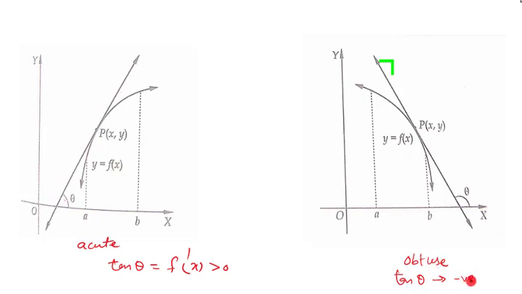Because theta is obtuse, meaning second quadrant, and in the second quadrant tan theta remains negative, which means that f'(x) is less than 0. So it is clear from the graph that when the function is increasing, f'(x) will always be positive, and when the function is decreasing, f'(x) will always be negative. By using this concept, we can find out very easily whether the given function is increasing or decreasing.